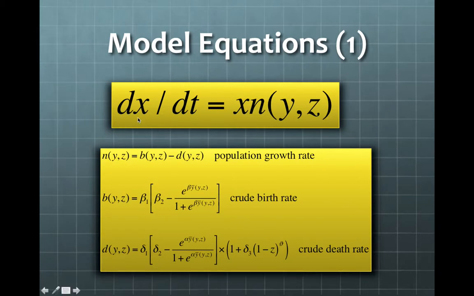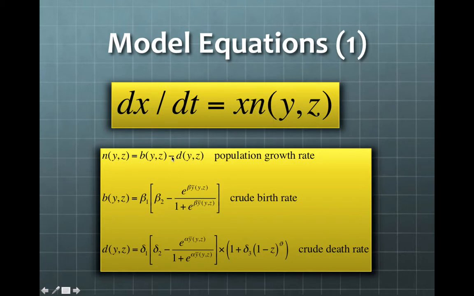There is a population stock X. The variation of X over time, denoted here by this derivative, or this time rate of change, is driven by the population itself and then a net growth function. So it's essentially a first order growth model.